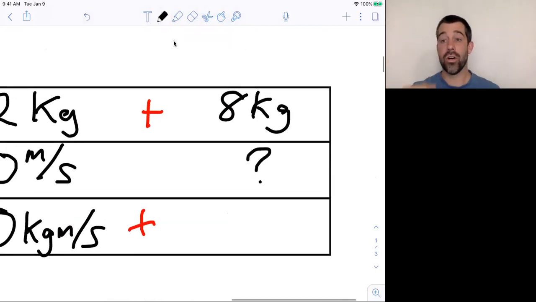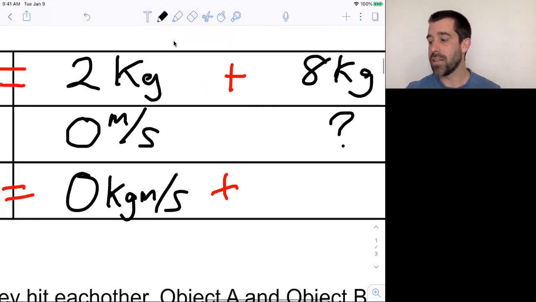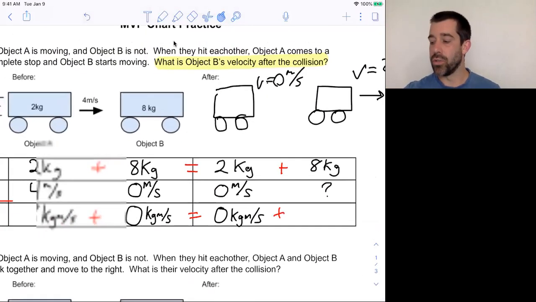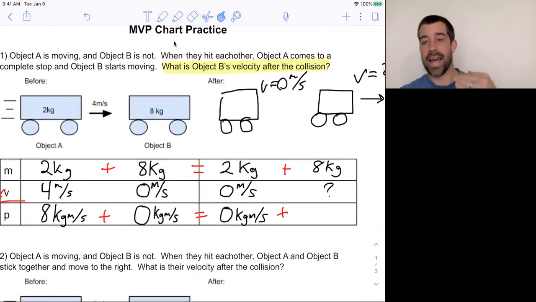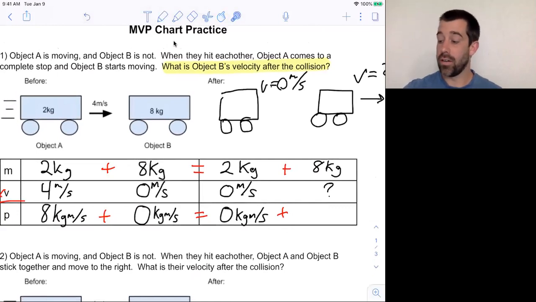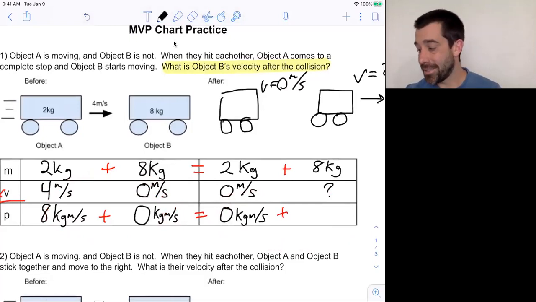Now, we can't go down the row on this one because we only know the mass, not the mass and the velocity, or we would need to know 2 things in order to use that equation. What we can do is go across. Because of the law of conservation of momentum, we know that the total momentum, which over here is 8 kilogram meters per second, is going to equal the total momentum over here. So this side also has to equal 8. Well, what do you add to 0 in order to get 8? Well, it's 8.